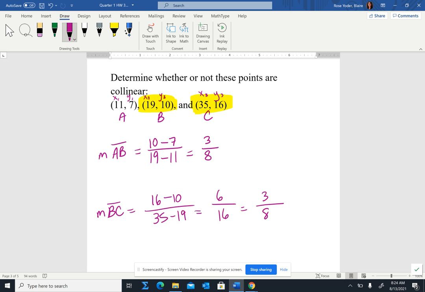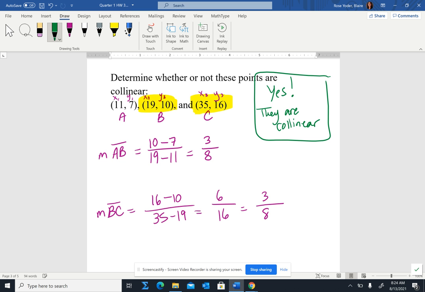So are these points collinear? Yes. They are collinear. They all lie on the same line. The slope from A to B is the same as the slope from B to C.